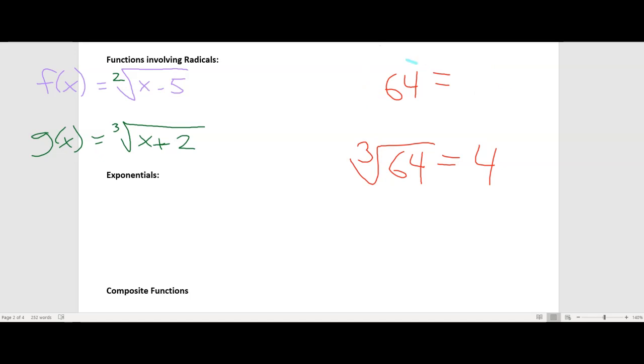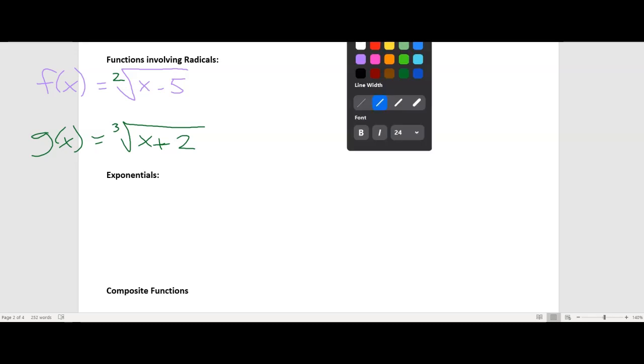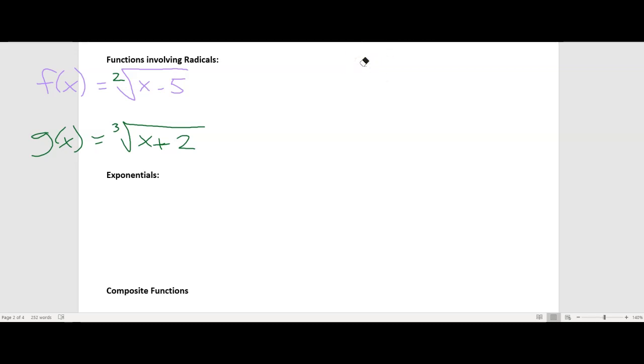But essentially for even indexes, so a square root, a 4th root, a 6th root, an 8th root, etc., you cannot have a negative number under the radical, right? Otherwise, we're going to get into the realm of complex numbers, which is not something that we deal with in calculus. We only work within the real numbers, not the complex or the imaginary. So this purple function right here, f of x, is only defined for x values that make x minus 5 greater than or equal to 0.